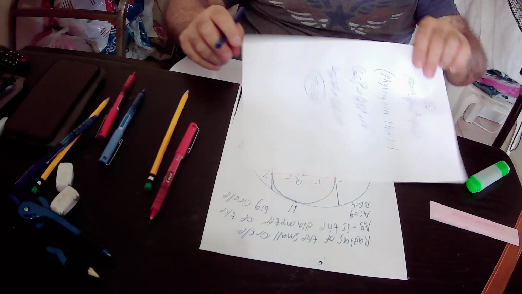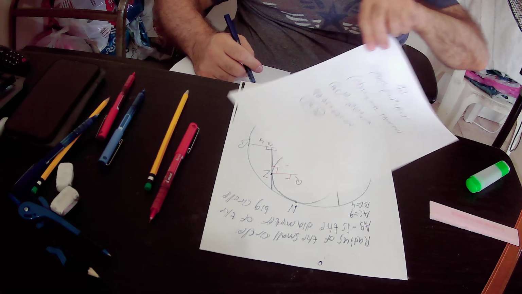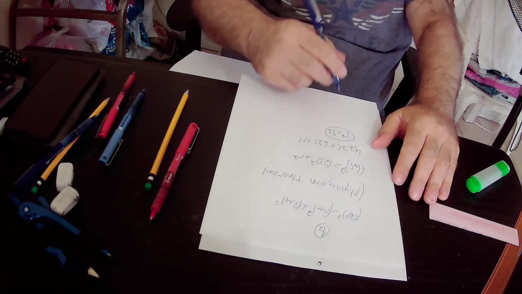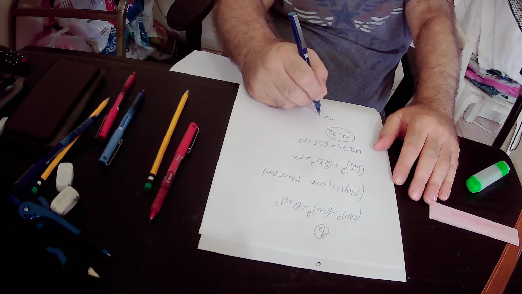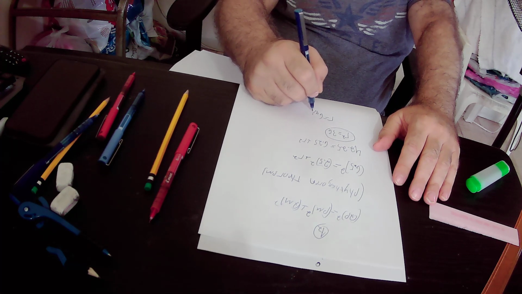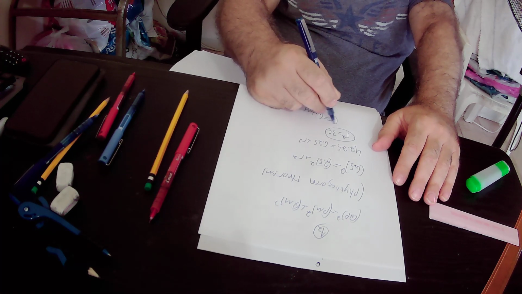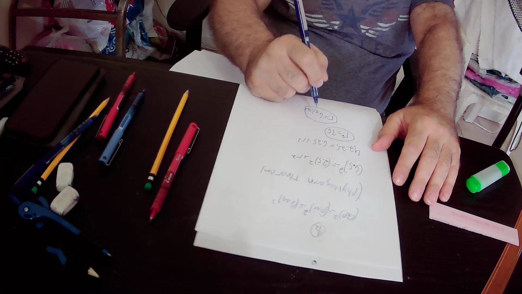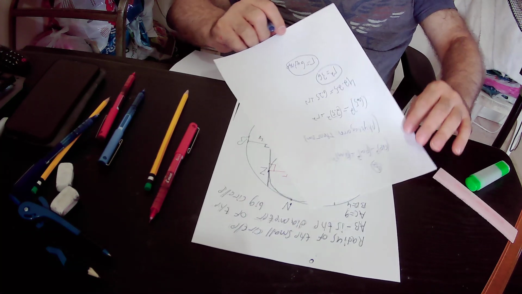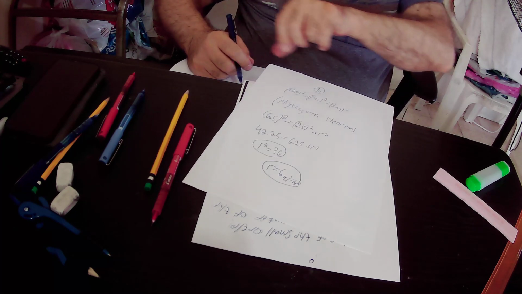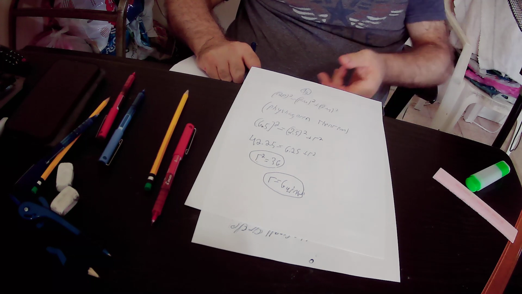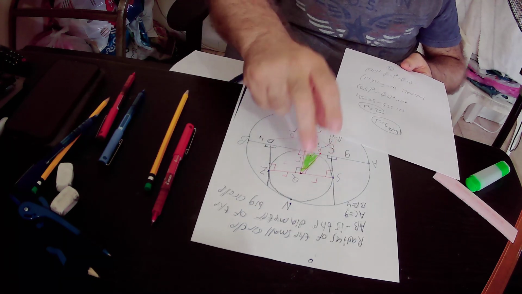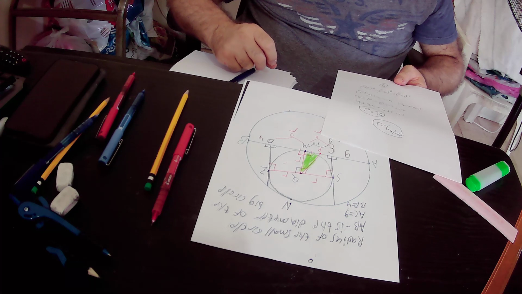Here we will take the root of this equality, and we will get the value of the radius of the small circle, that is the root of 36, which is 6 units. Okay, so we found out that the radius of the small circle equals 6 units.